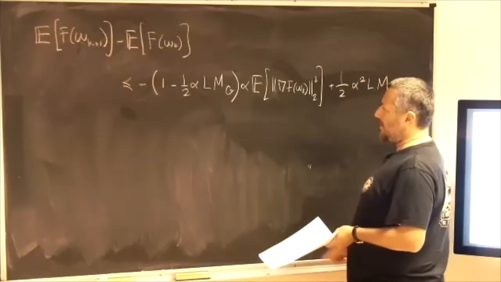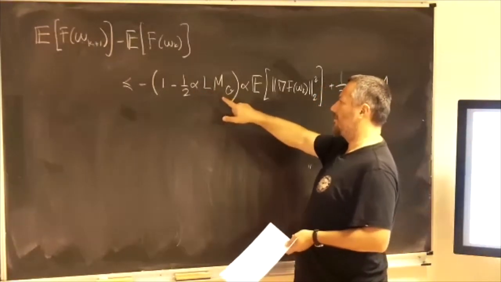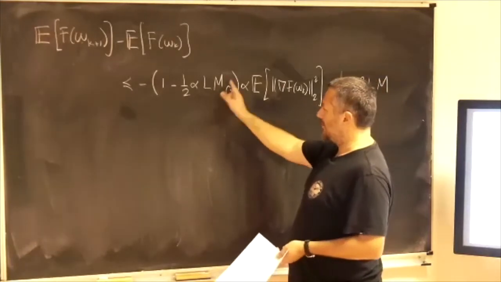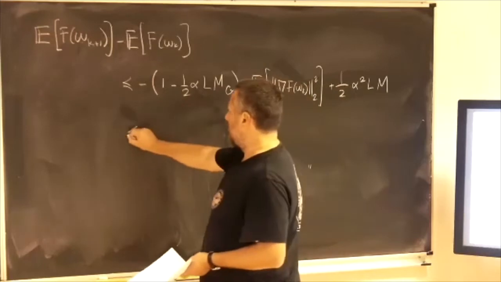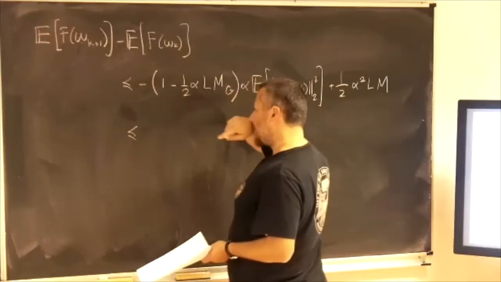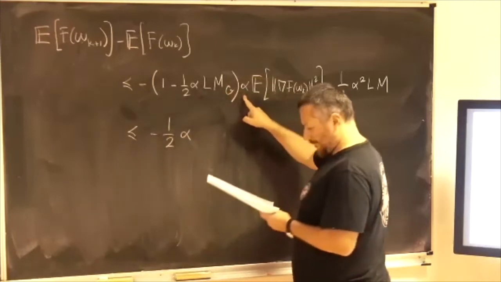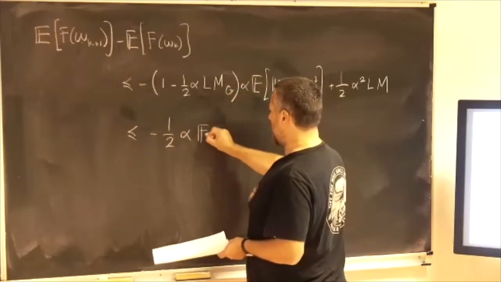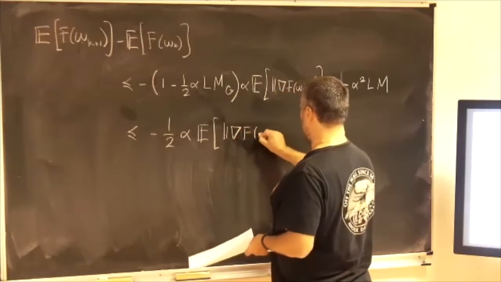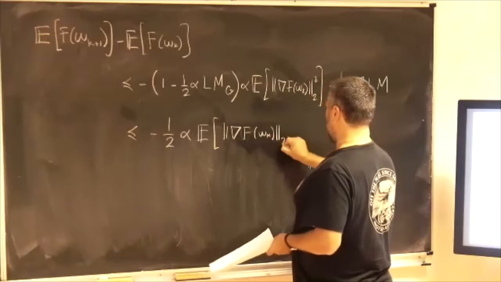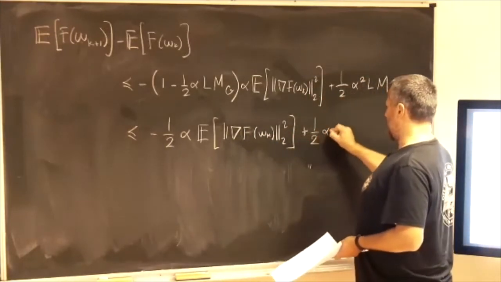But we have chosen alpha smaller than 1 over L times mg, so that these cancel out. So we can say this is smaller than or equal to negative 1/2 times alpha, then the expected value of the gradient of f of omega k squared, plus this expression, this constant again.